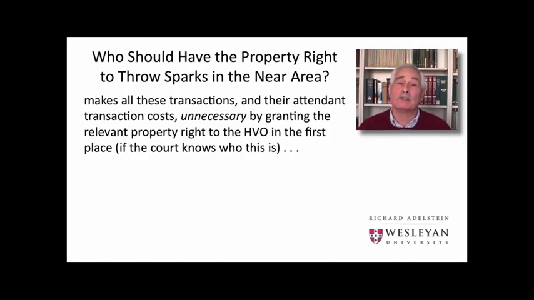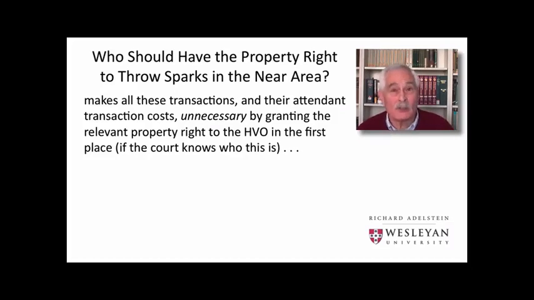Because, under Holmes's rule, the railroad, the higher valuing property owner, would have been given the property right in the first instance, and therefore no transaction, and therefore no attendant transaction costs, would be necessary in order to move those property rights from a lower valuing owner to the higher valuing owner.